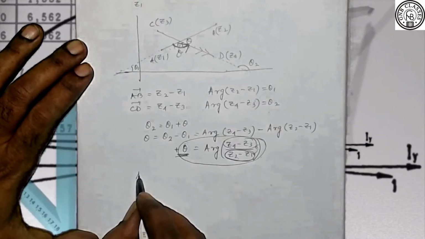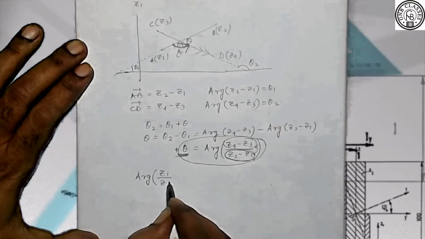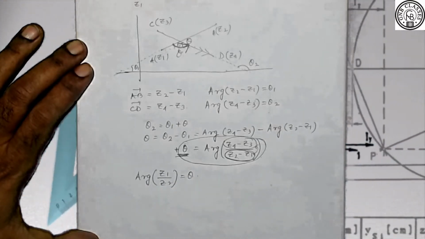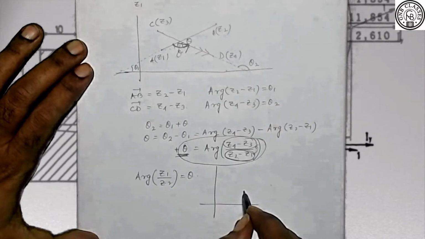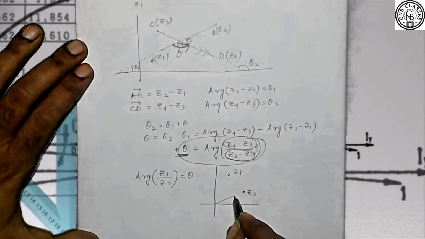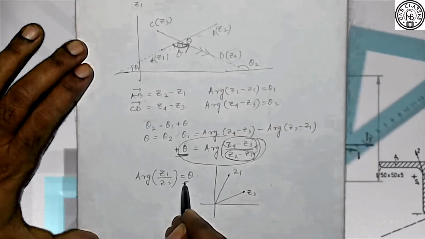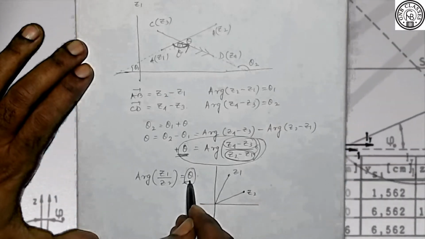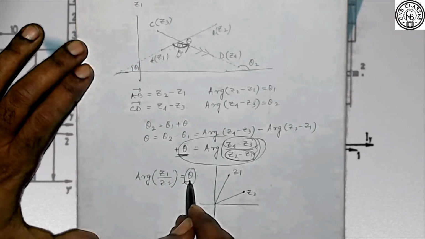Suppose if I say that argument of z1 by z2 is theta, it means what? Let me just draw the diagram. Suppose z2 is here, z1 is here. So the angle between z1 and z2 is theta. But since this theta is positive, we will measure the angle in anti-clockwise direction.